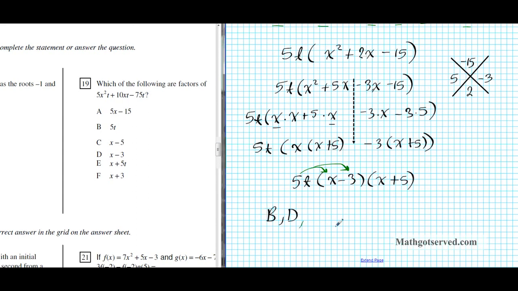So A is a factor also. If you notice, A is not in a reduced form. If I reduce A, I'm going to get 5 times x minus 3. So A is a factor also. All right, so there you have it.